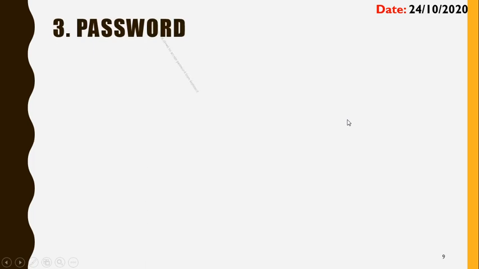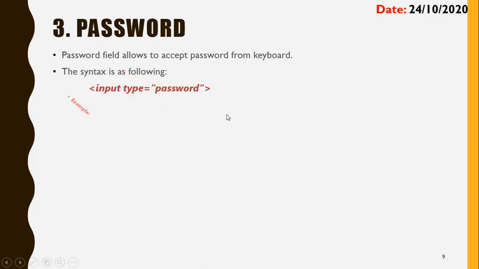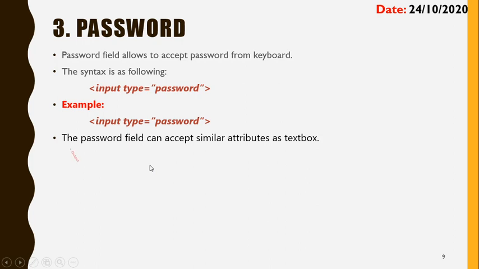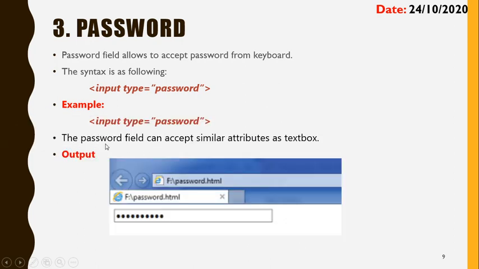Now the third one is password, and password is used to accept or enter the password from the user. The syntax or the rule is like that. You have to write input and then type equal to password. The example is the same as the syntax. The password field can accept similar attributes as the text box.